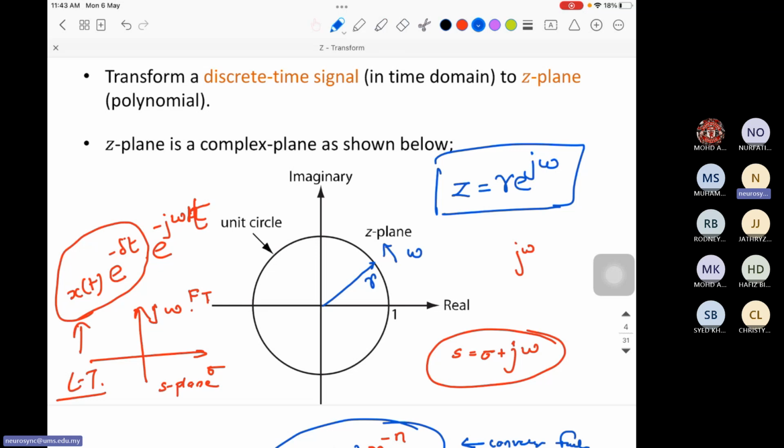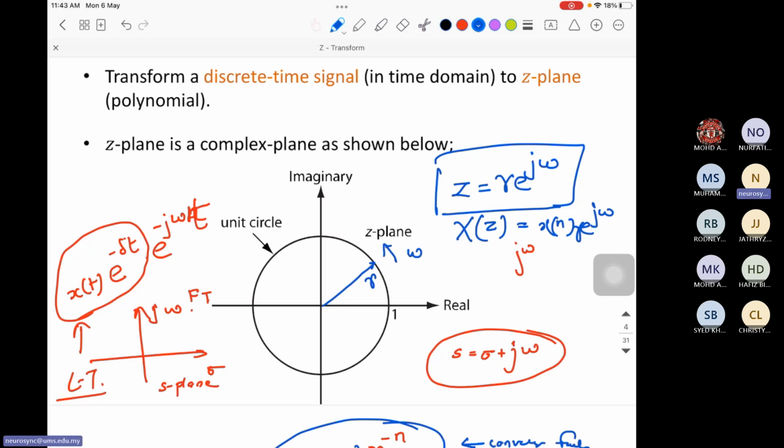Okay, and if we do summation over there, then we say this is X(z). So X(z) is x(n) r^n e^{jωn}.